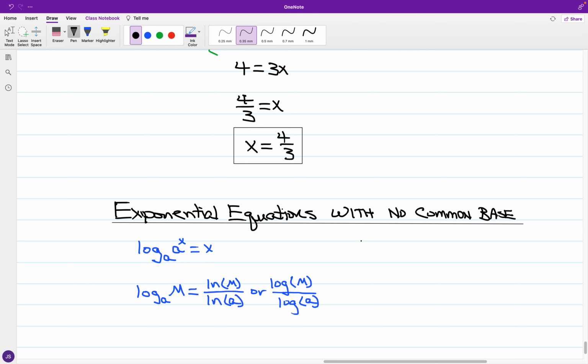Okay, so this is kind of a backdrop, and just to give you a couple of quick examples here.